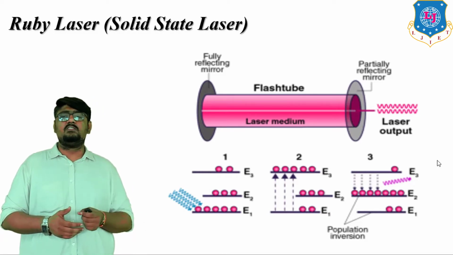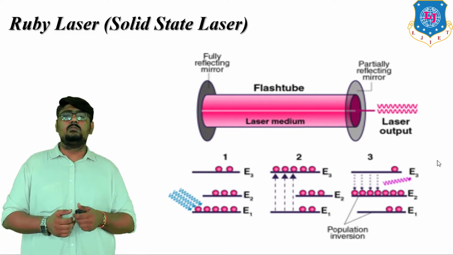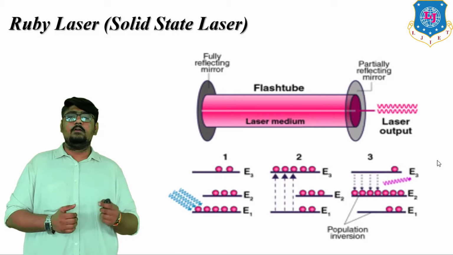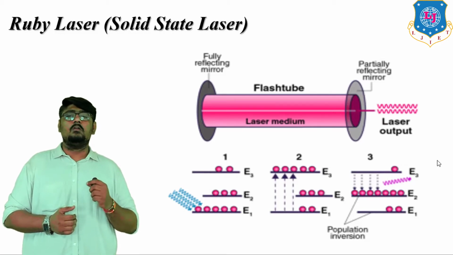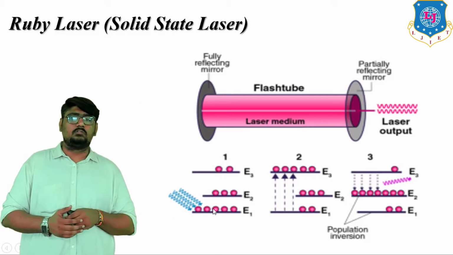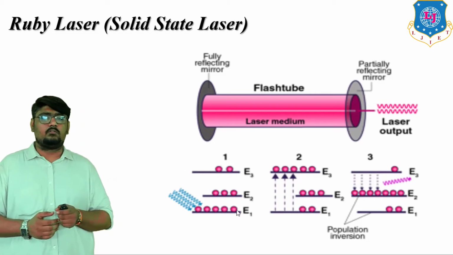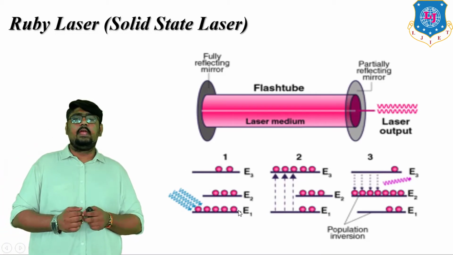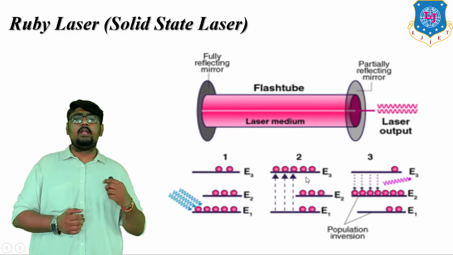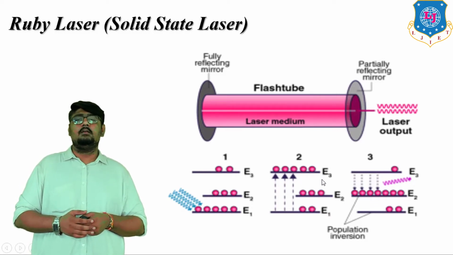An intense flash of light is produced by the xenon flash tube. The chromium atoms in the ground state absorb this light in the wavelength range of about 5500 angstrom and are raised to a wide band of energy levels.